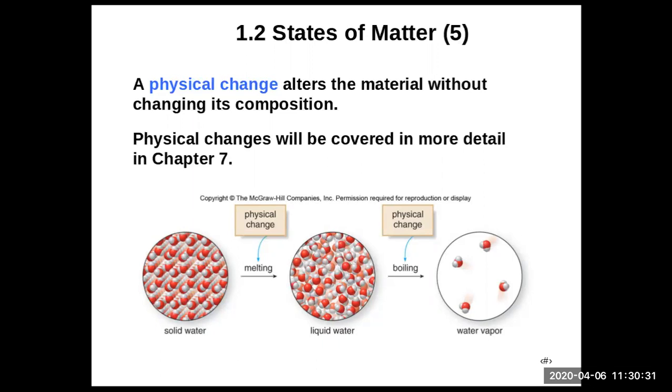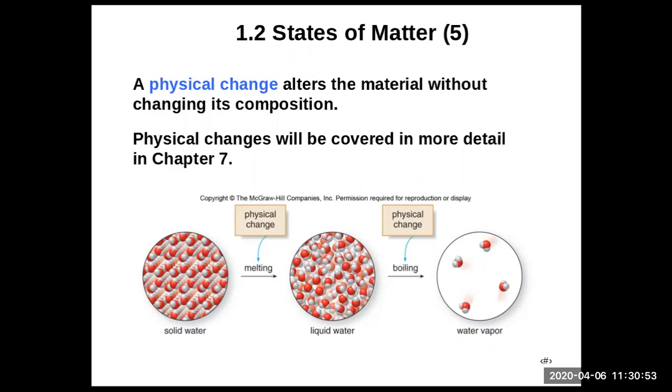Melting is a physical change because water went from a solid to a liquid, changed state of matter, but it's still water, still the same substance. That's why it's called a physical change. The composition of the substance is still the same.